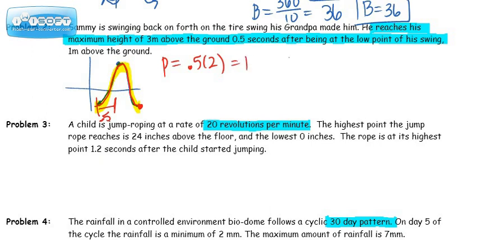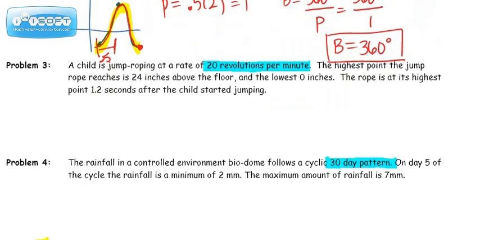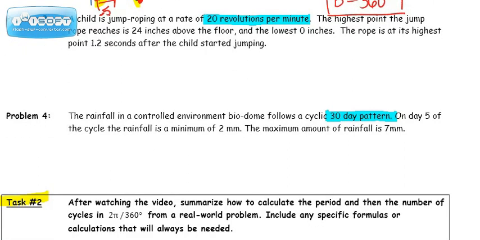We're then going to calculate b, so we're going to use b equals 360 over my period. So 360 degrees over 1. So my b value is going to equal 360 degrees. Once you have this copied down, pause the video and unpause it. And we'll move to problem 3.